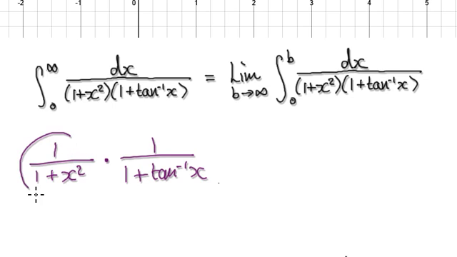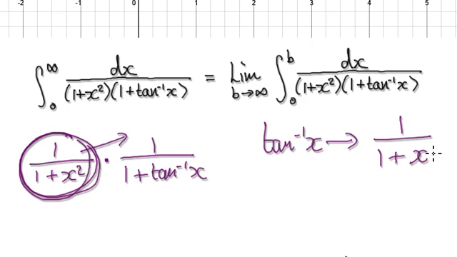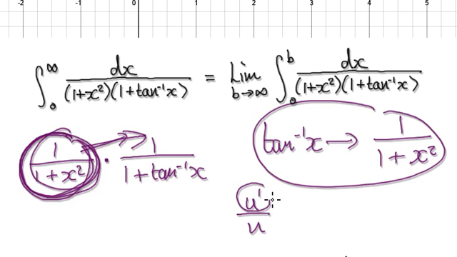This thing gets multiplied to the top, and you should recognize that it is the exact derivative of inverse tan of x. You should know this by heart. So you've got a case of u prime over u.